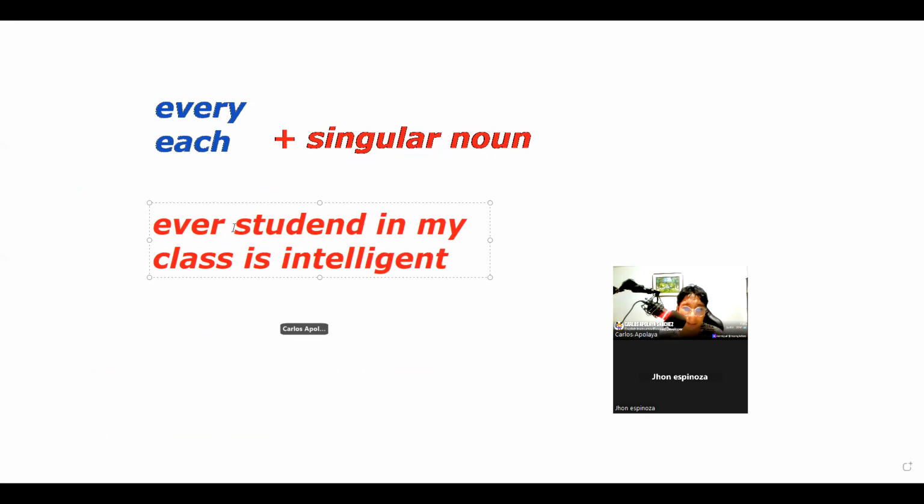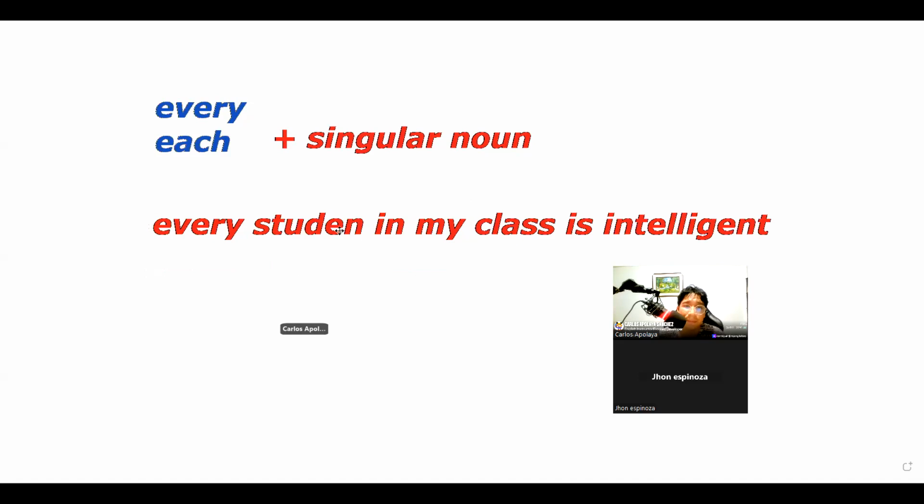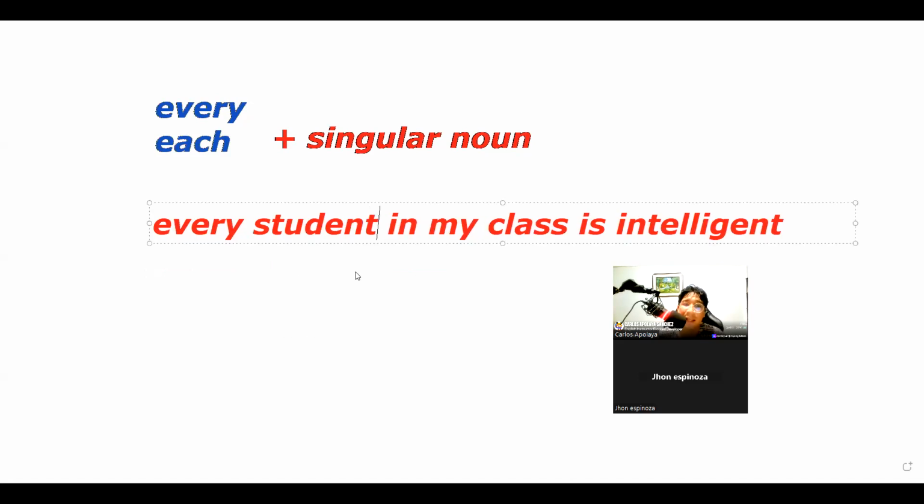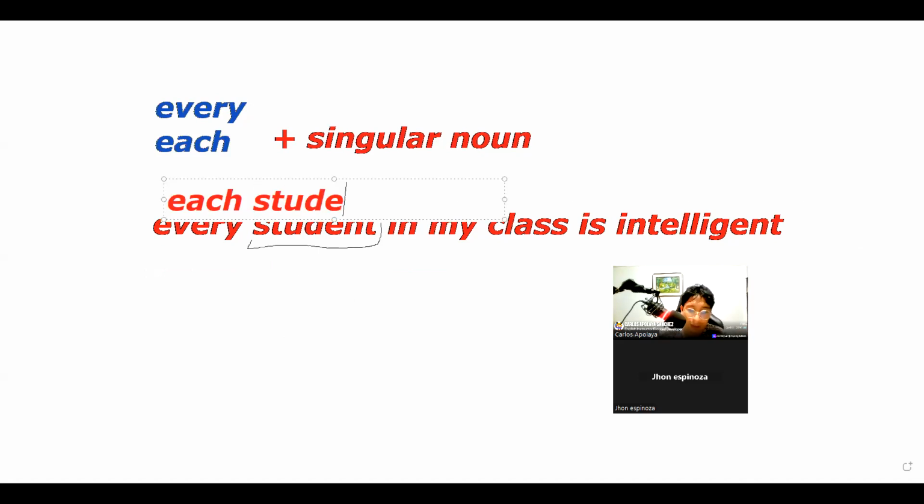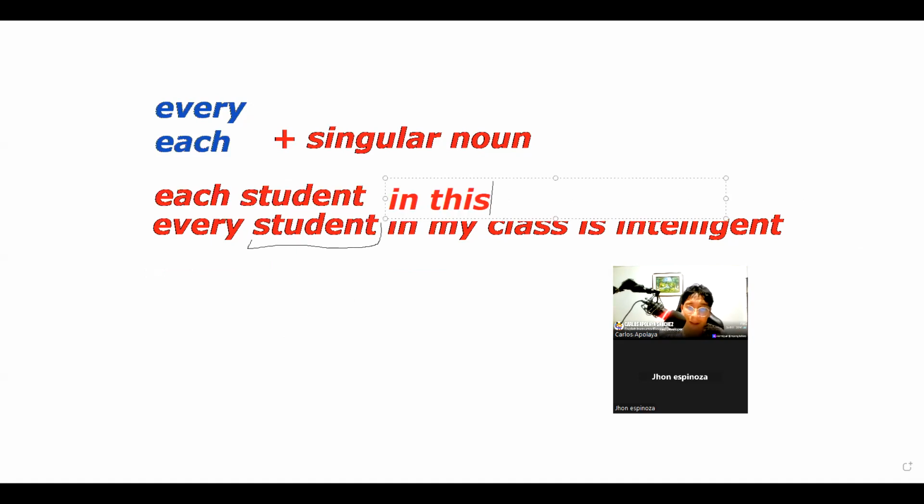Every student in my class is intelligent. Every student in my class. Yes, every student in my class is intelligent. So remember, a student. Or if you want to focus on the person, you say each student in this lesson is intelligent.